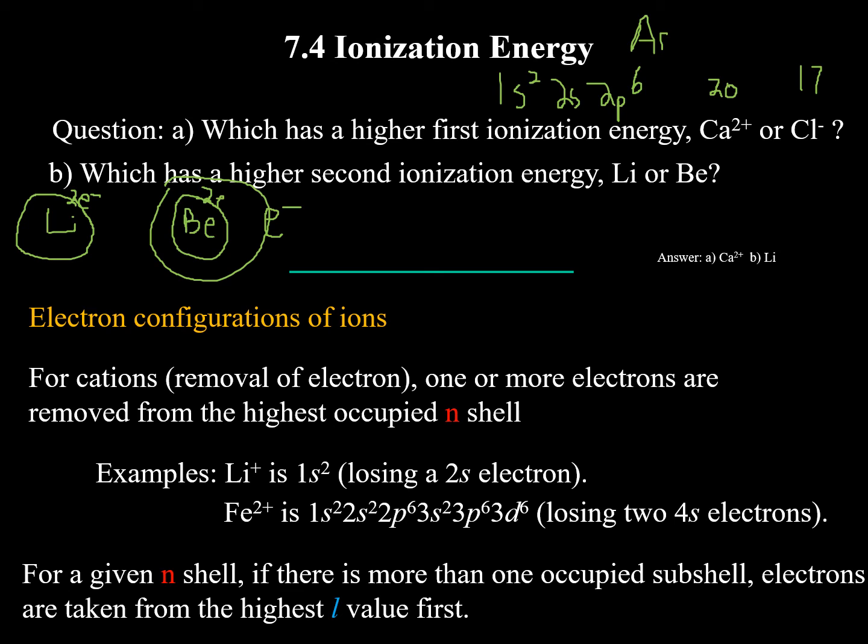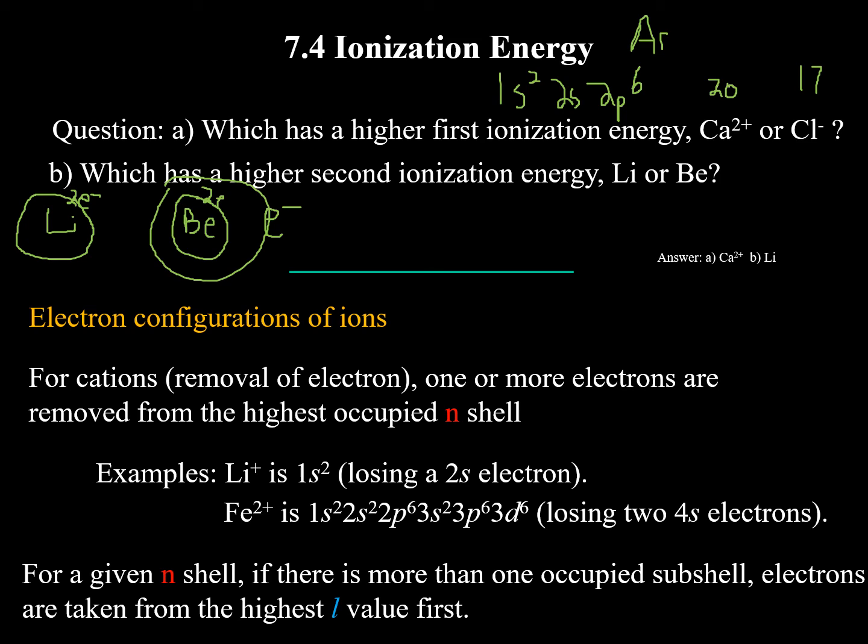So comparing the two cases, the higher second ionization energy will belong to lithium because of the shielding effect in beryllium. There are shielding electrons here for beryllium, which will reduce the field from the nucleus. Therefore, the beryllium will be lower and the lithium will have a higher second ionization energy.